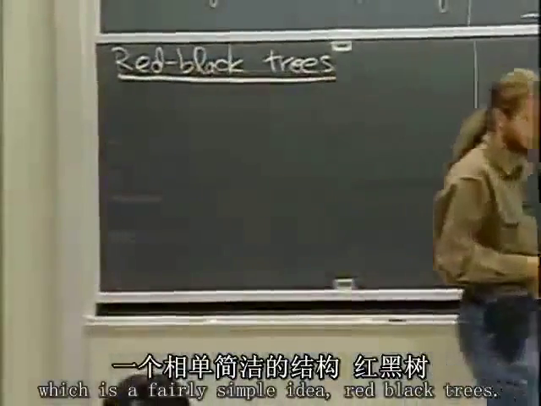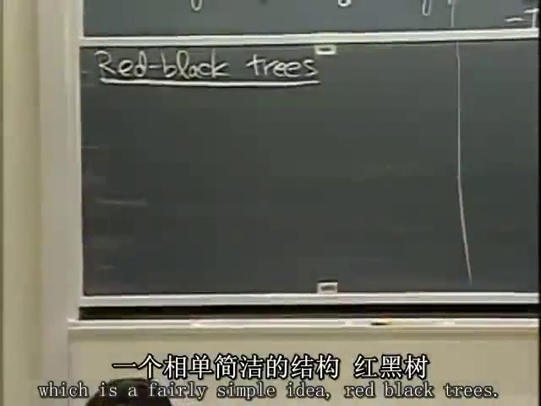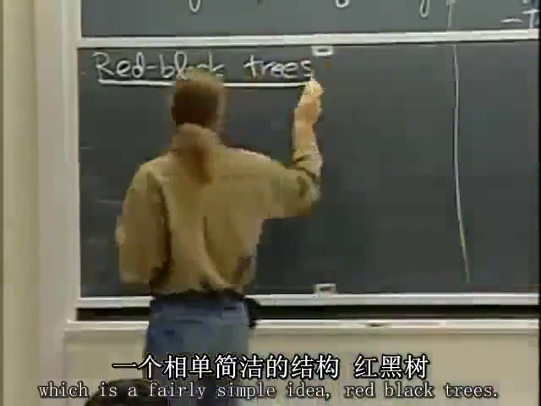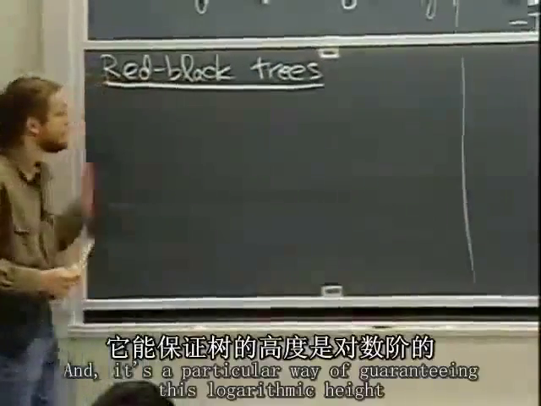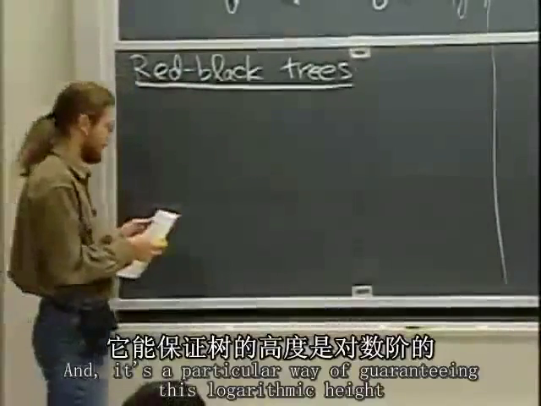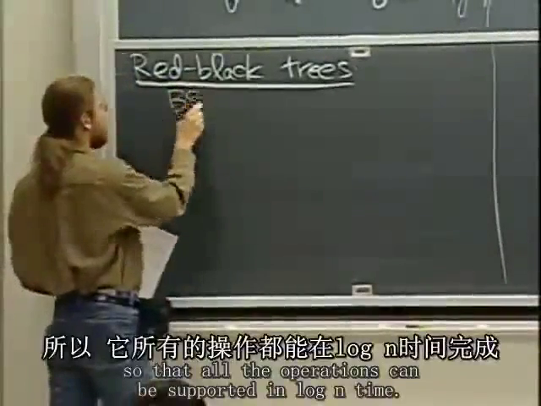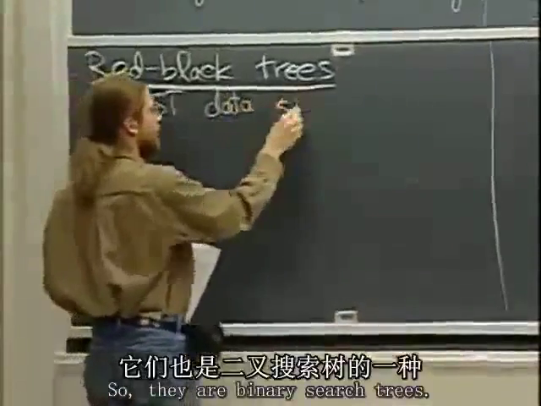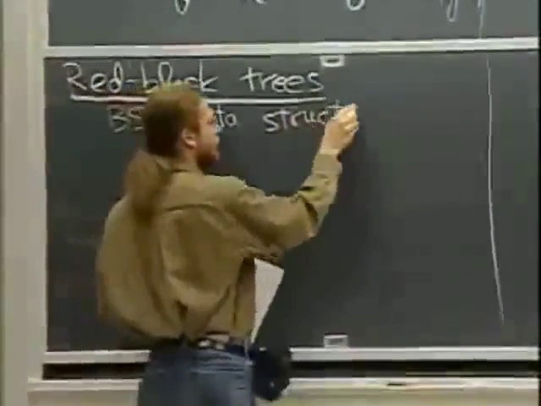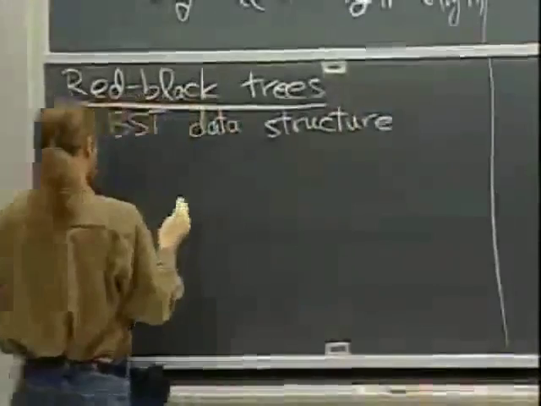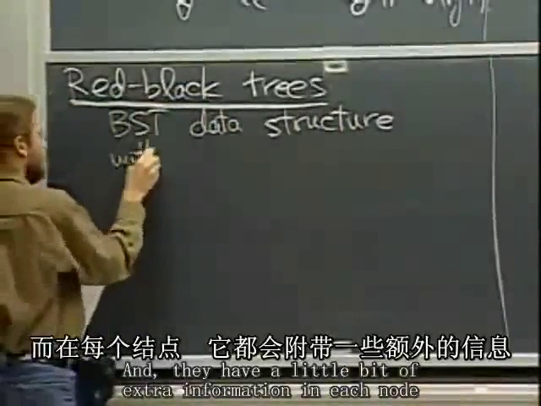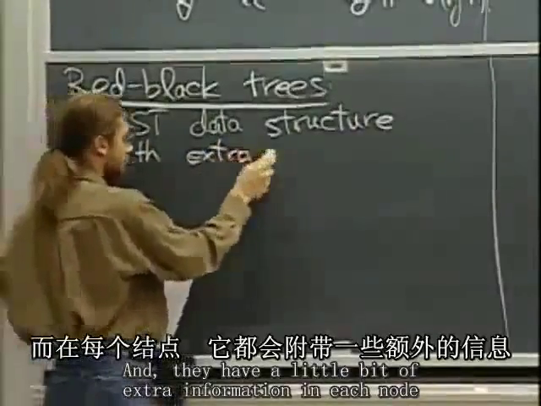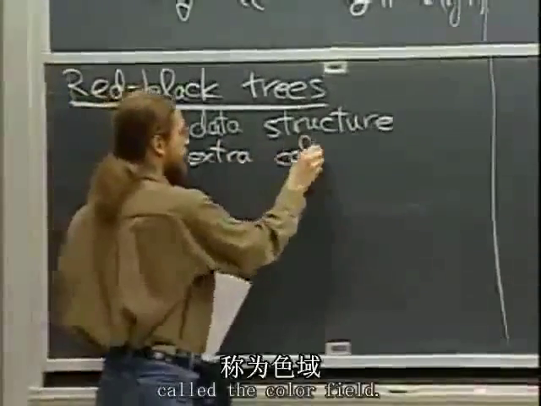Which is a fairly simple idea. Red-black trees are a particular way of guaranteeing this logarithmic height so that all the operations can be supported in log n time. So they're binary search trees, and they have a little bit of extra information in each node called the color field.